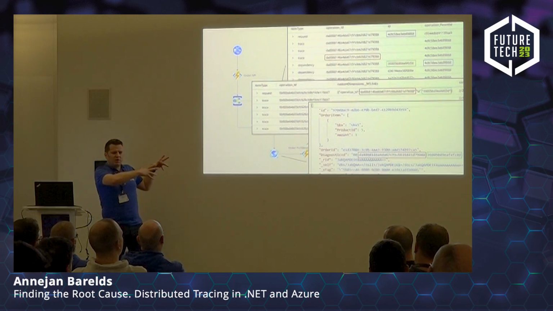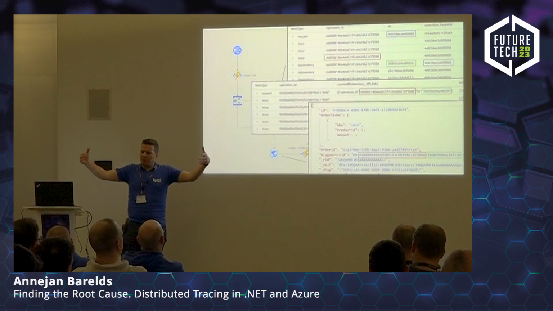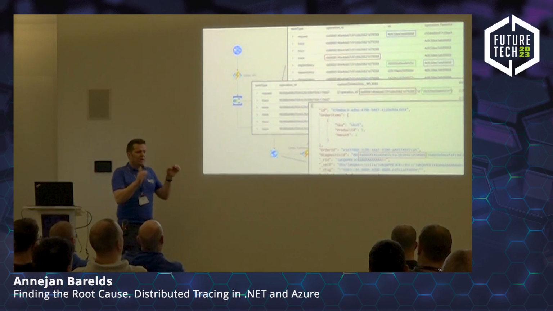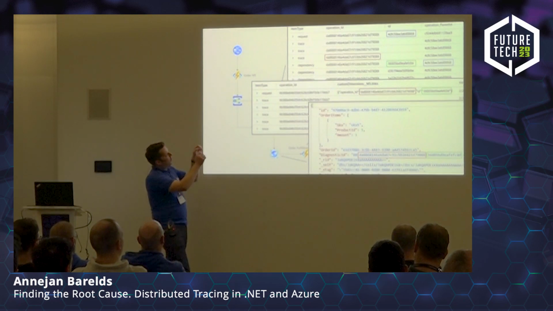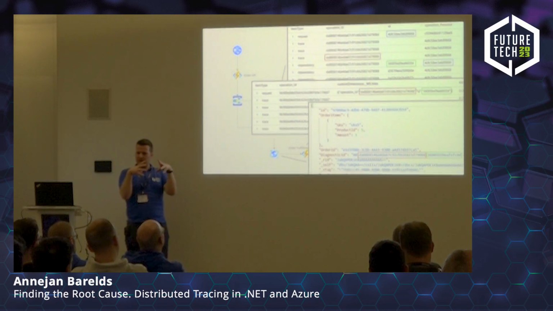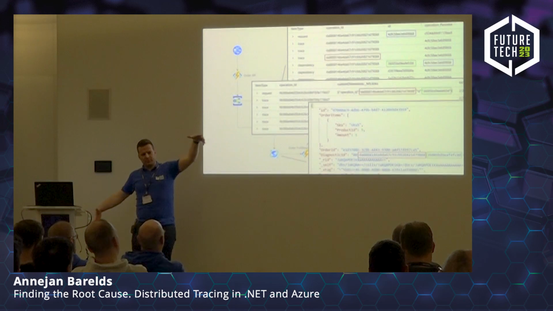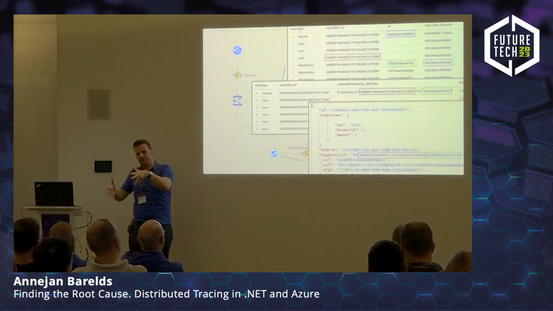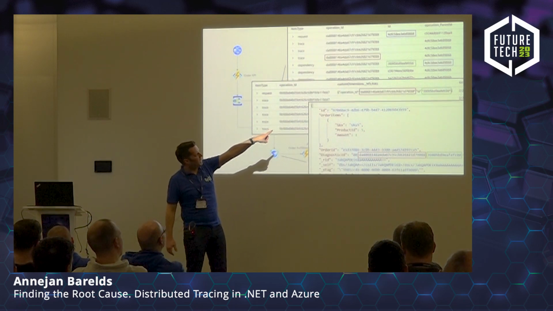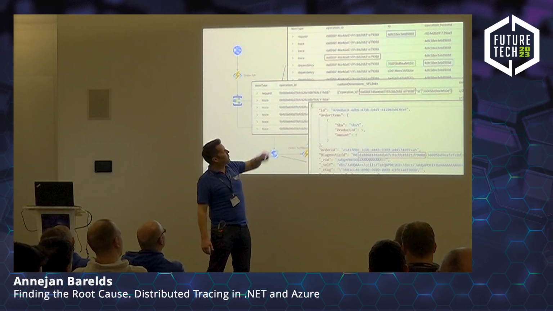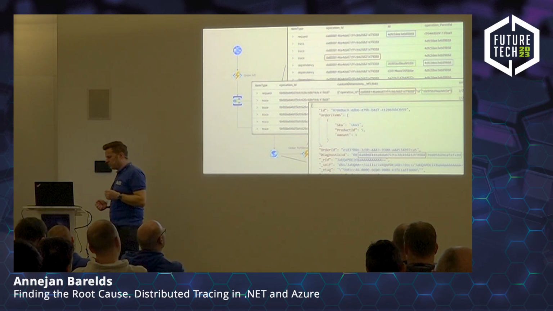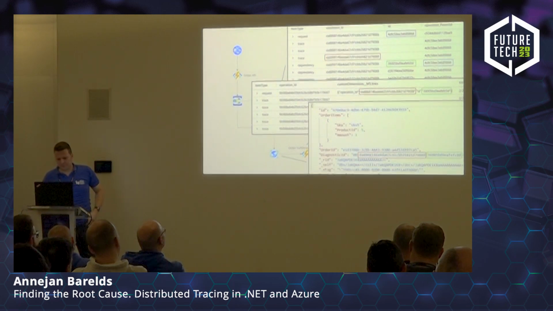But these concepts of an overarching operation in OpenTelemetry is called a trace. And every single request or dependency is a span. So a single trace through a whole system is composed of different spans that are all interconnected with parent-child relationships. So this dependency span is a child span of that request span, all within the same trace. That's the OpenTelemetry way of putting it.